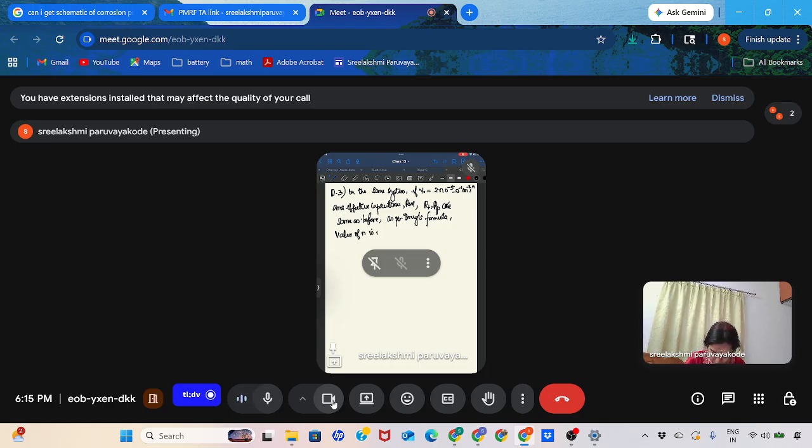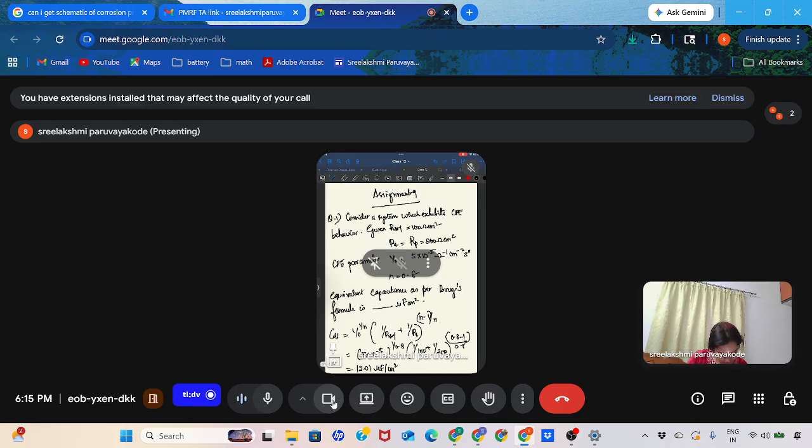So in the previous question you have to take the values as before, meaning the question in which we are using Brug's formula. That's like the first question we did. I solved it here. It is 12.01 microfarad per centimeter square.